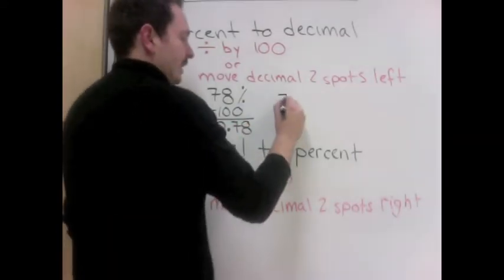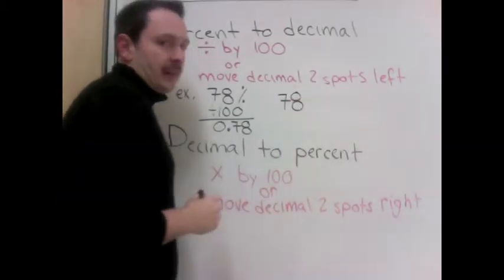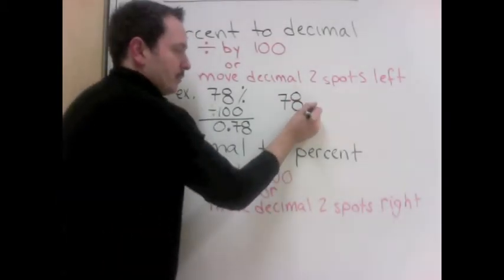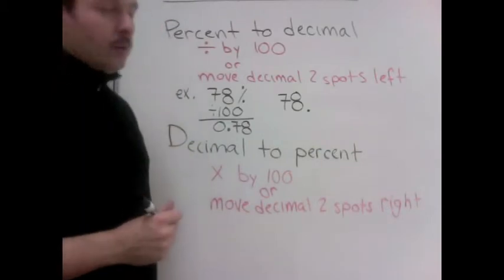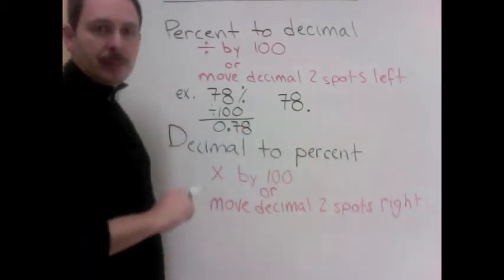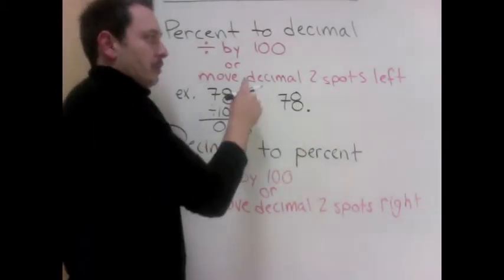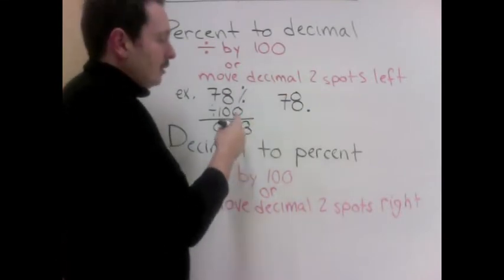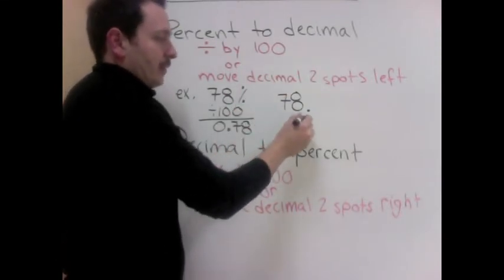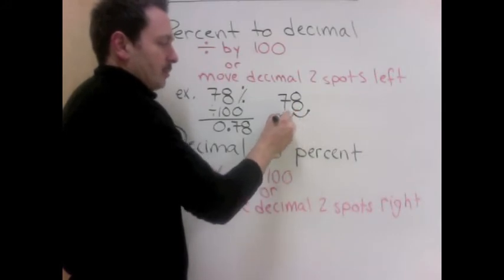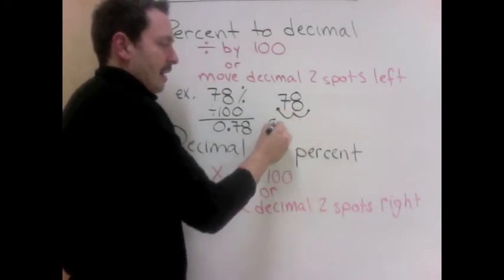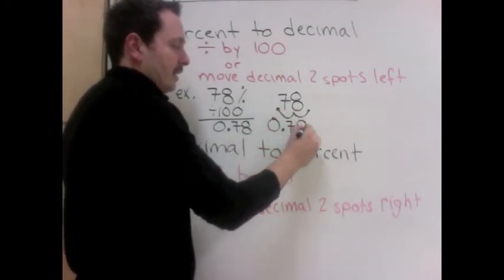Or if I had done it the second method, if you start with 78%, there's a decimal right here. We don't write decimals at the end of whole numbers, but there's one there. What you could do is move it 2 spots to the left. So if I take this decimal and I jump 2 spots to the left, I have 0.78.